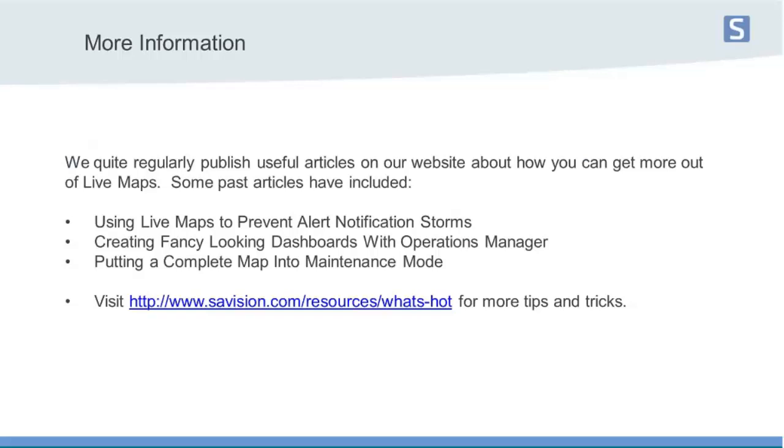Dennis, one of our founders, put a great article up on creating fancy-looking dashboards with Operations Manager. We find executives really tend to like the fancy-looking dashboards, and it gives everyone a better idea of what's going on in IT as well. And time-saving tricks like putting a complete map into maintenance mode. So we really encourage you to take a look at Savision.com and our resources and blog section.